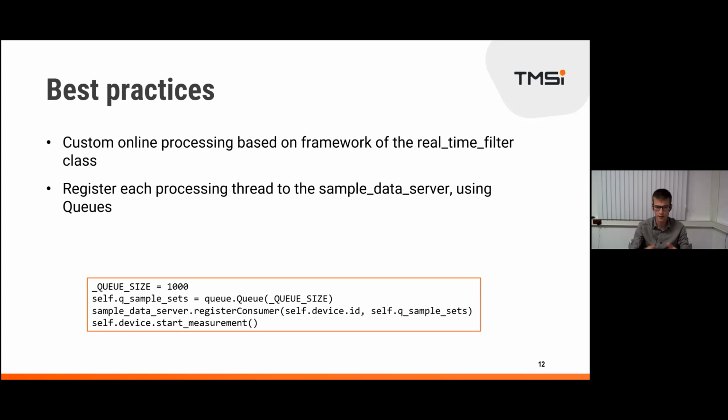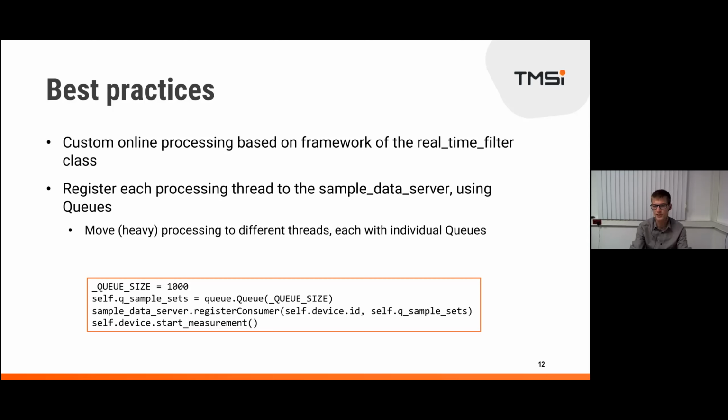Then you specify the queue itself and make sure you can access it in the class. Then you register your processing thread using the device ID and the previously created queue. And then you will start a measurement. Then, in your processing thread, you can retrieve sample data from the sample sets queue using the get function.